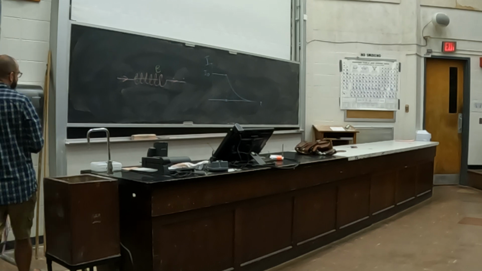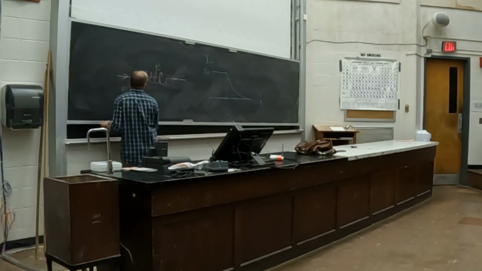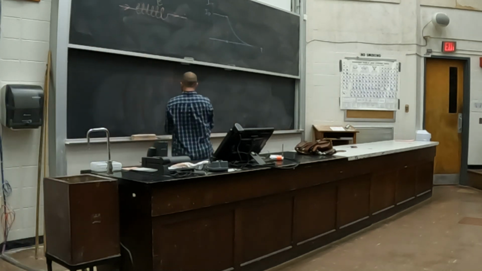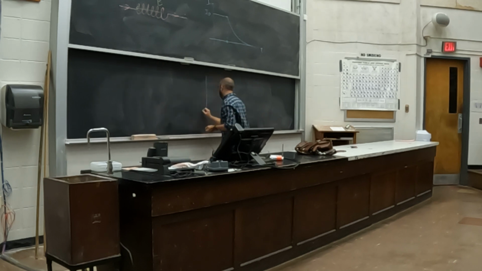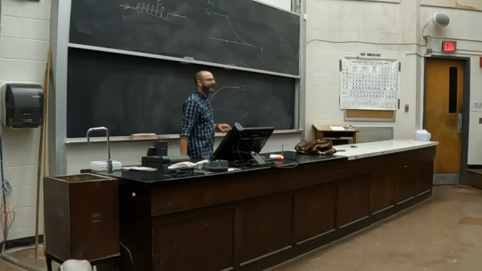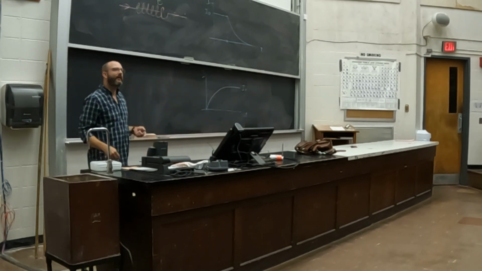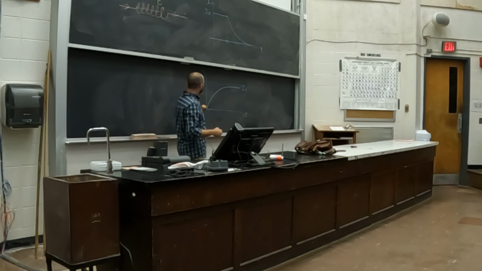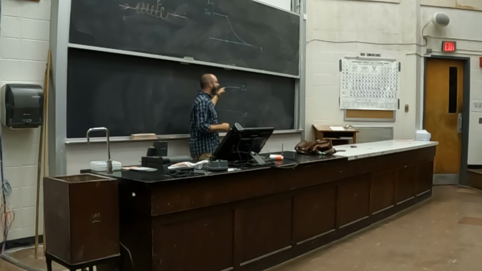So what this means is that if I graph the current now, it looks like this. Right? Nature tries to oppose it, but the current builds up anyway, asymptotically approaching its final value line.